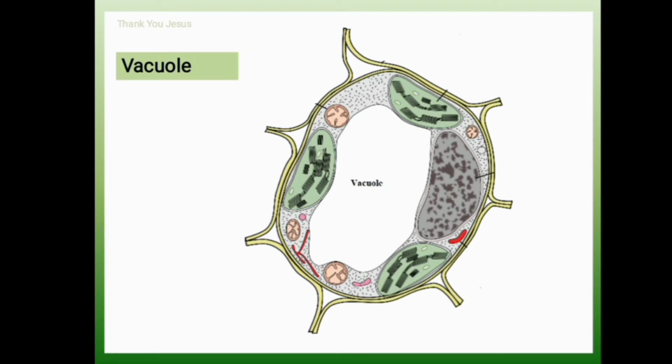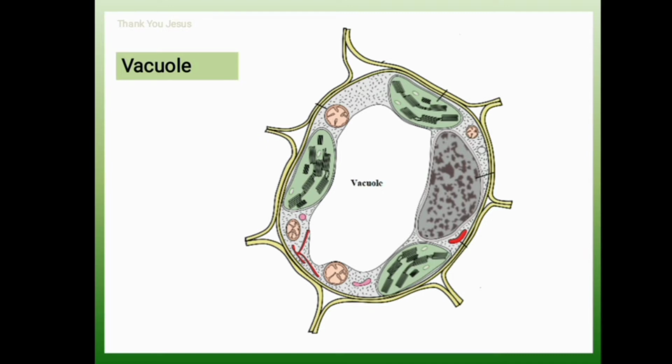So generally a vacuole is an aggregation of solid or liquid materials. So the vacuoles are actually spherical or oval in shape. They are enclosed by a single unit membrane, which is known as tonoplast. The membrane of the vacuole is known as tonoplast.